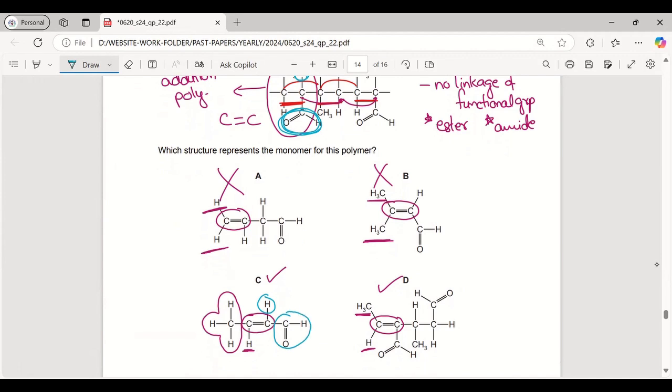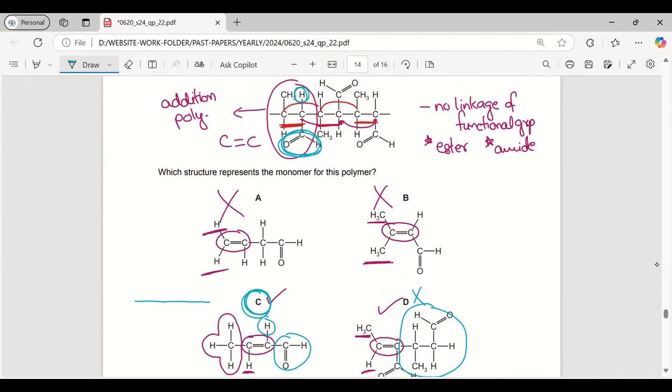On the other hand, there is something complicated attached on the second carbon in D. So D is not the answer. The answer is C, because that's the repeating unit. They just made it in the horizontal way, and here they are attached in the vertical way. C is the monomer.